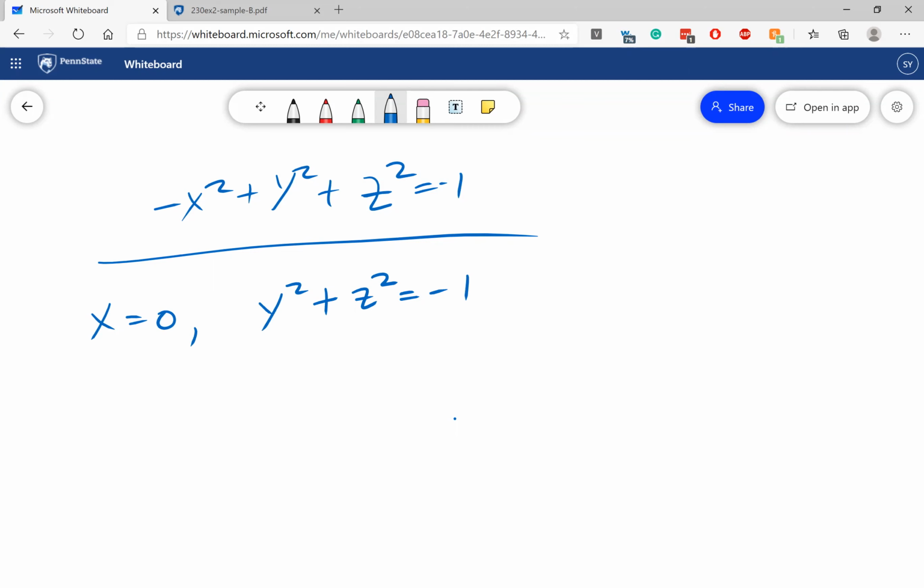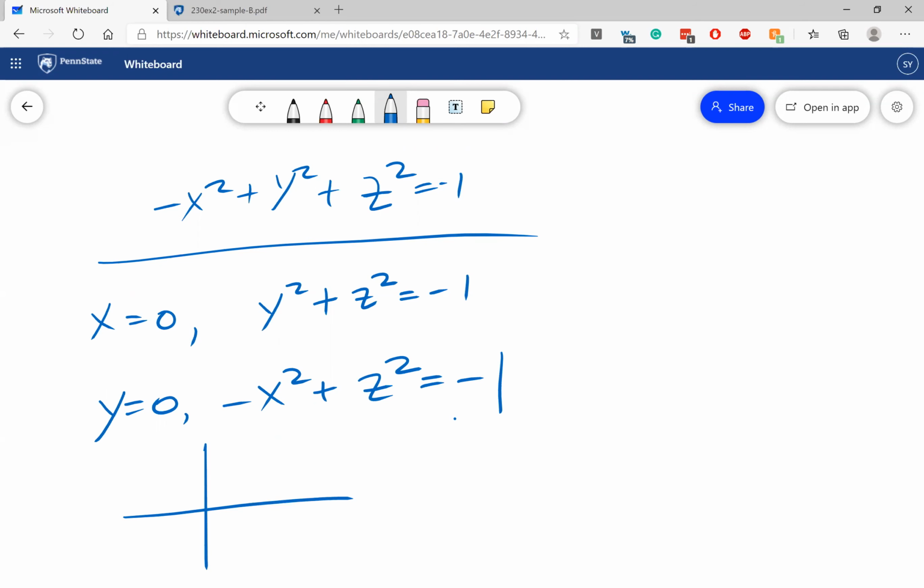So then if we set y is equal to 0, we get negative x squared plus z squared is equal to negative 1. And this would be two hyperbolas.